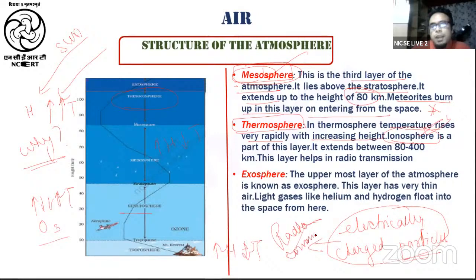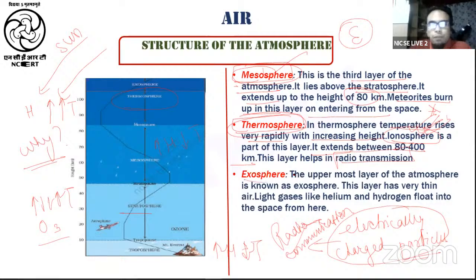Very, very important point. Radio communication plays a very important role, and it is possible because of the ionosphere which is present in the thermosphere. Again, a very important point from your exam's perspective, right? And it extends between the height of 80 to 400 kilometers, and this layer helps in radio transmission.